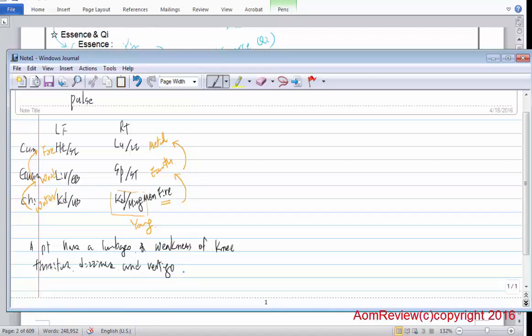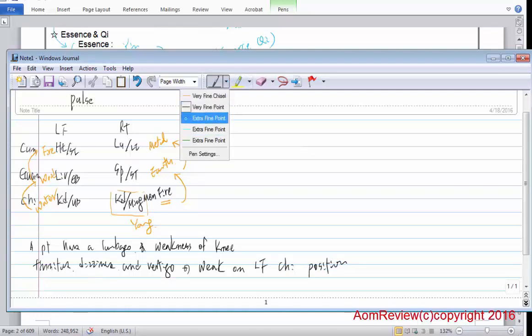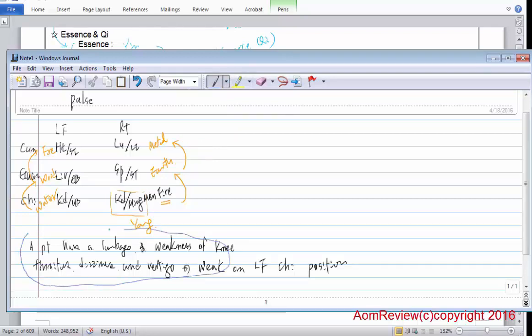Okay, so this is a major sign and symptom, and also his pulse is weak on the left chi position. What is expected? This is all kidney deficient sign. In this case, all these are kidney deficient signs. Am I right?